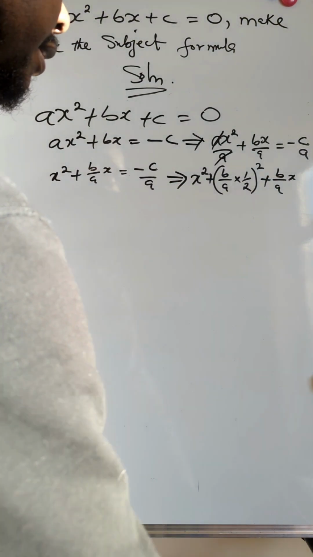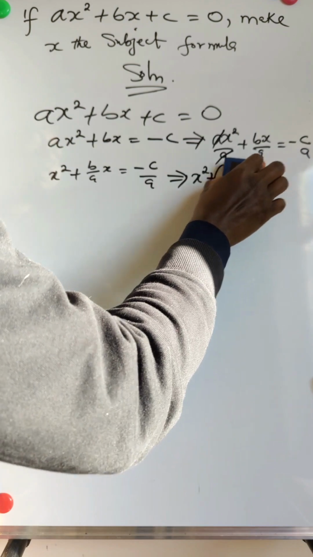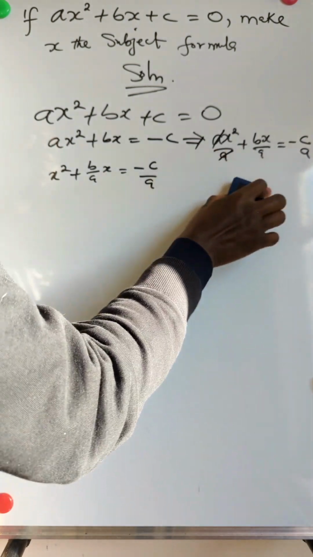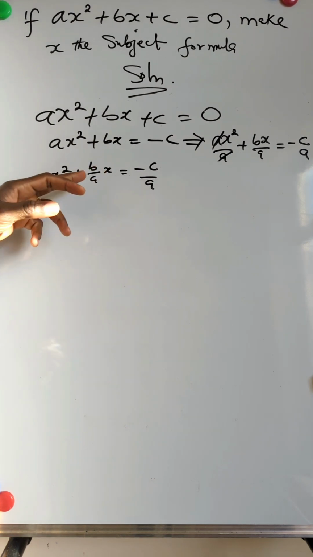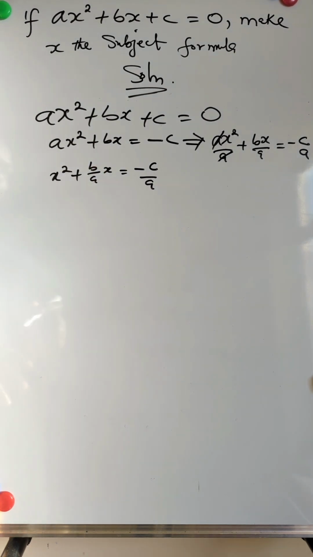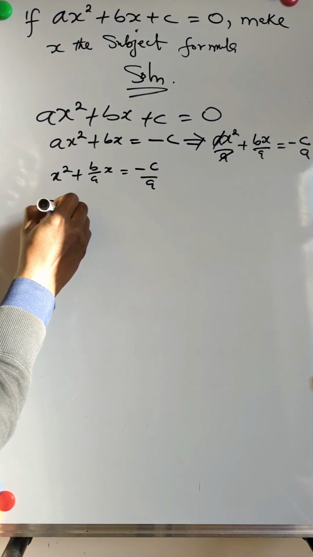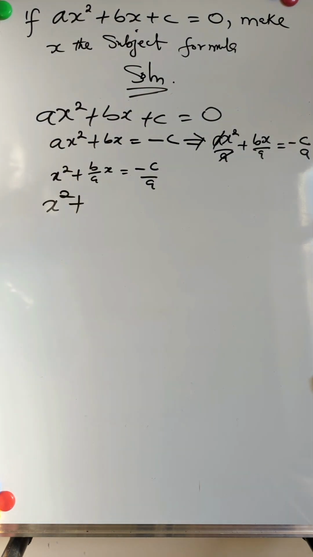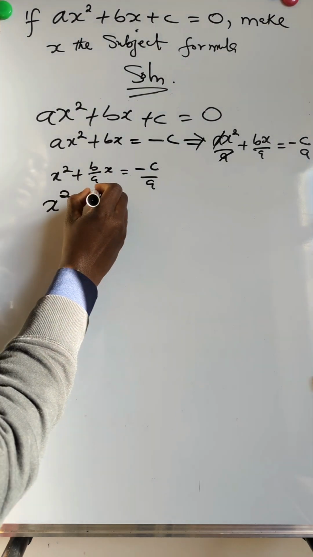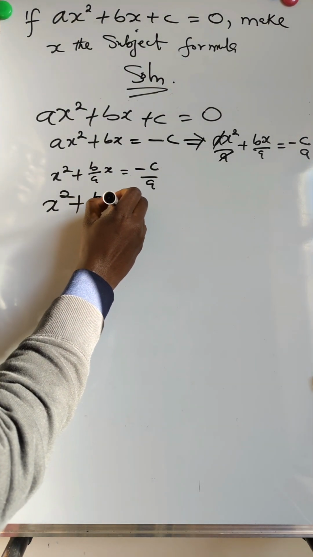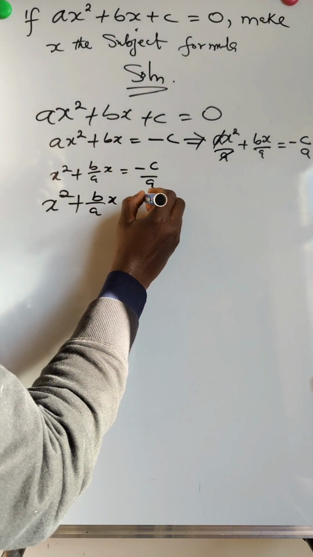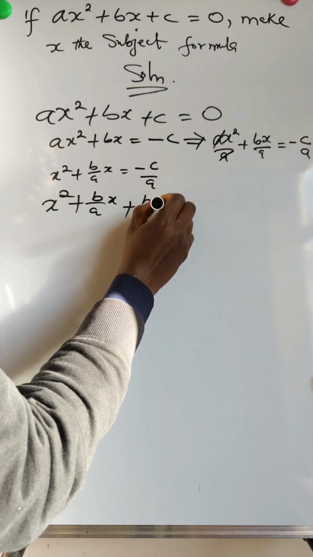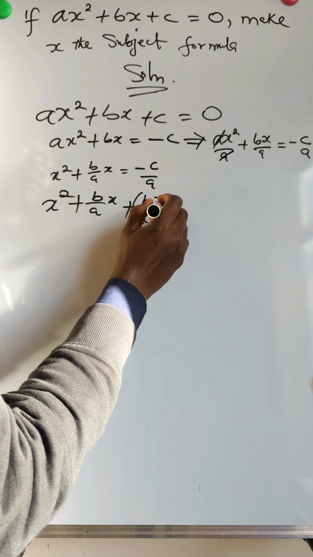Okay, there's no more space here. We'll do that again here. Multiply the coefficient of x by half, square the result, and add to both sides of the equation. So we'll have x squared plus b over a x. Now the coefficient of x is b over a. We'll multiply by half.